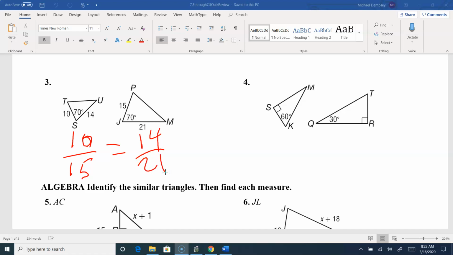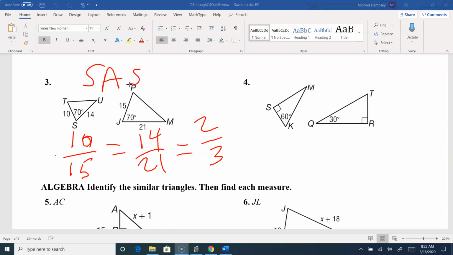So I can simplify both of these fractions and see if I get the same thing. In the first fraction, if I divide 10 by 5, I get 2. 15 divided by 5 is 3. Here my common factor is 7, right? 14 divided by 7 is 2. 21 divided by 7 is 3. So both of these reduce to 2/3. It's the same proportion. All sides are proportional. So here we do have side, angle, side similarity.